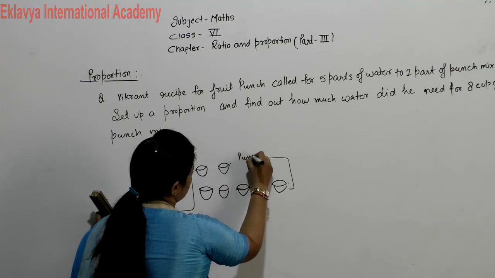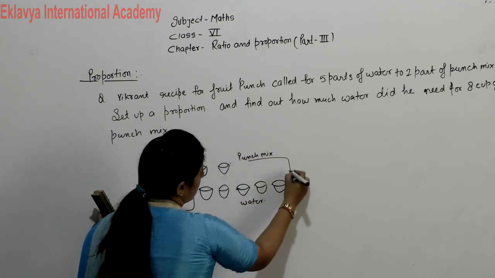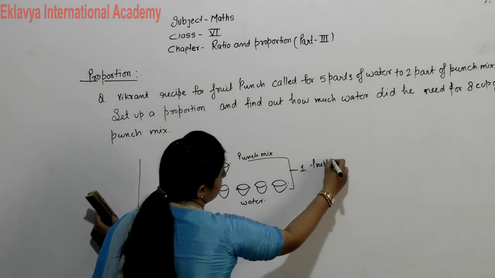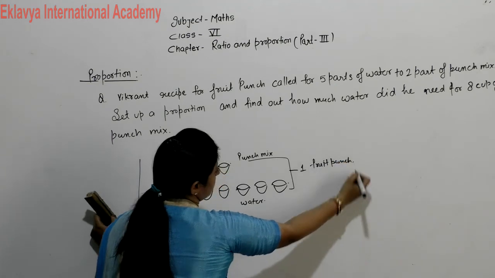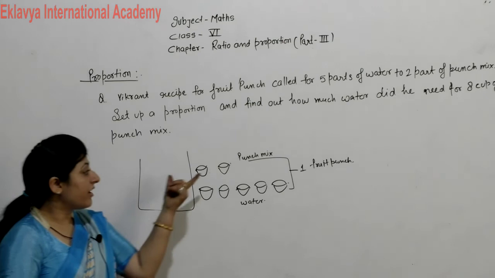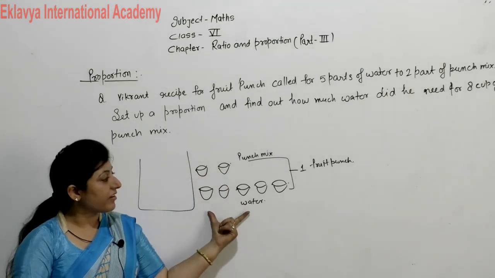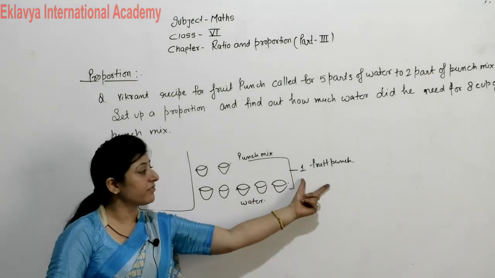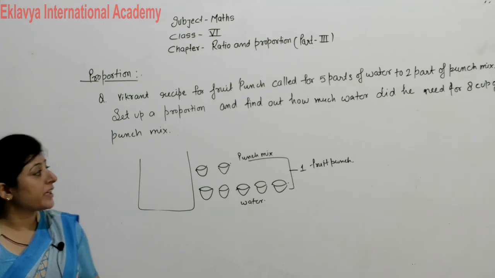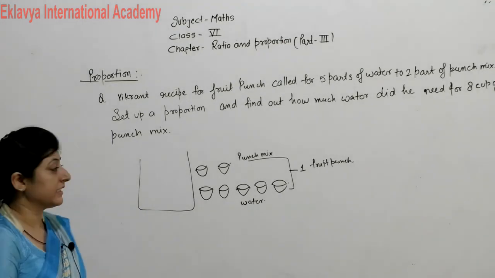This is punch mix and this one is water, to make 1 glass of fruit punch. When he uses 2 punch mix and 5 water, then he makes 1 fruit punch. Now it is given to you how much water he needs for 8 cups of punch mix.